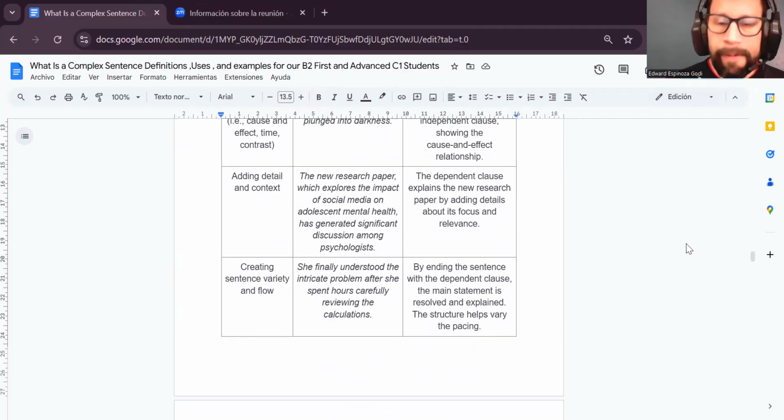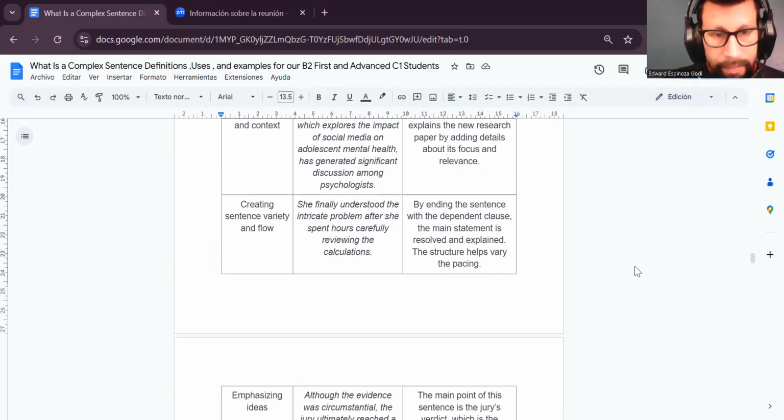What's going on here? The dependent clause explains the new research paper by adding detail about its focus and relevance, creating sentence variety and flow.